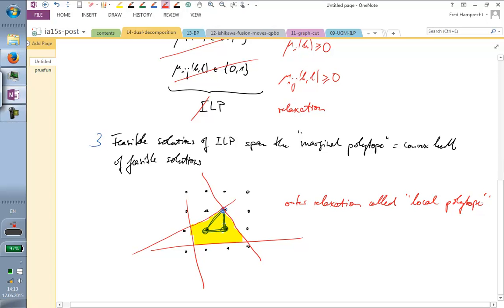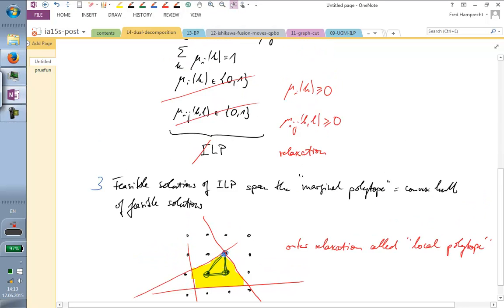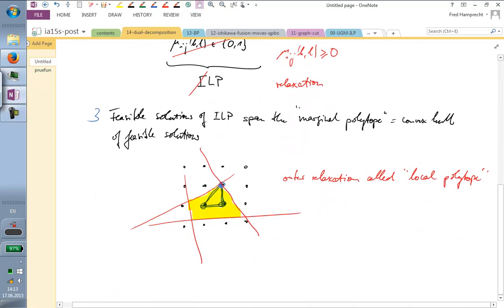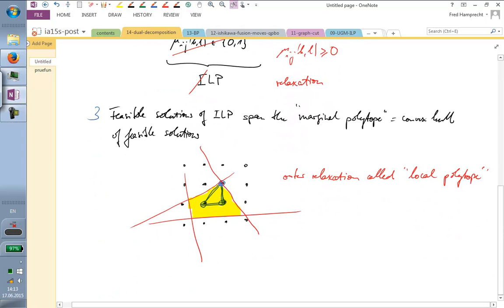It's called local polytope because we do respect these local consistency constraints up here, but we omitted the integrality constraint.